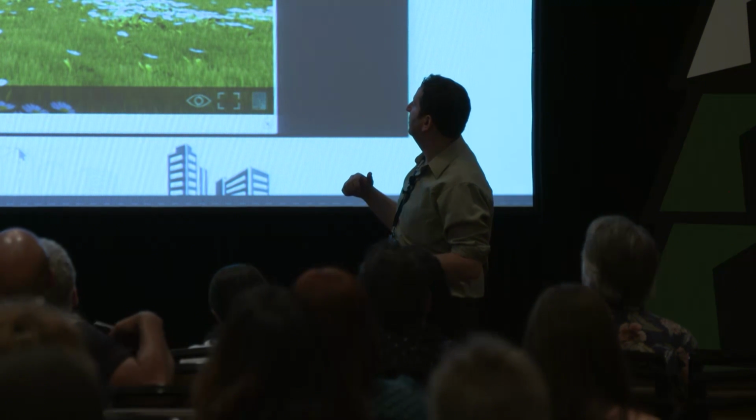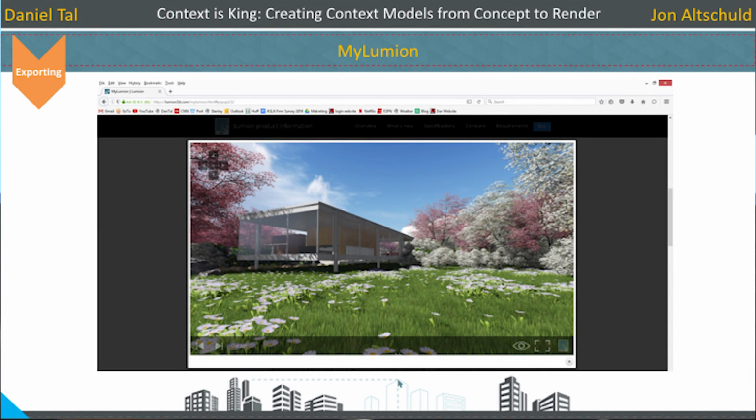We'll hit on a newer feature to Lumion called My Lumion. What it does is you render out a 360-degree panoramic view, and you can do up to 10 different views in Lumion.